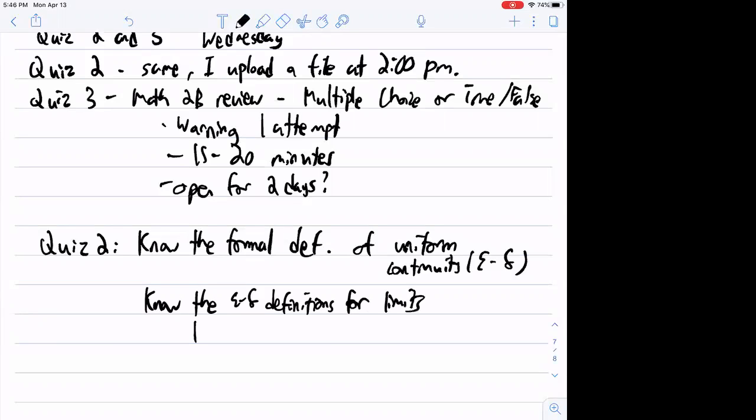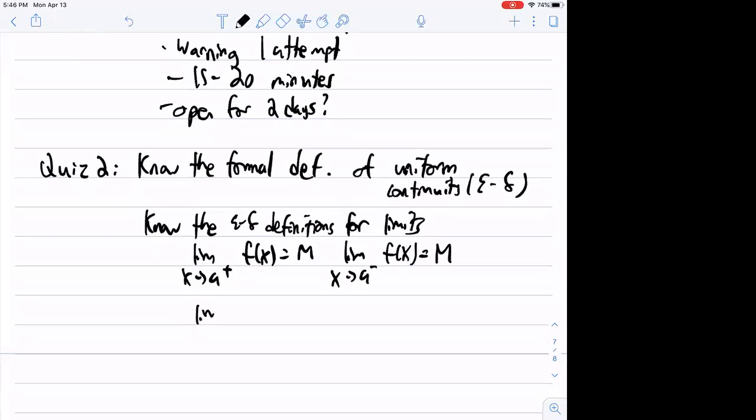So know what it means to go to a from the right of f of x, if it's some number m. Basically I might ask you to prove formally limit x goes to a from the left is a number m, or maybe limit x goes to a from the left is negative infinity.